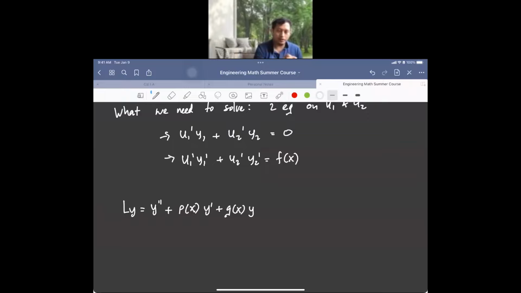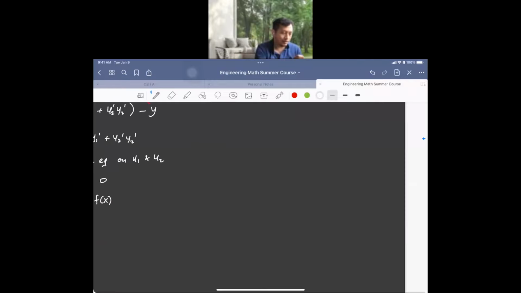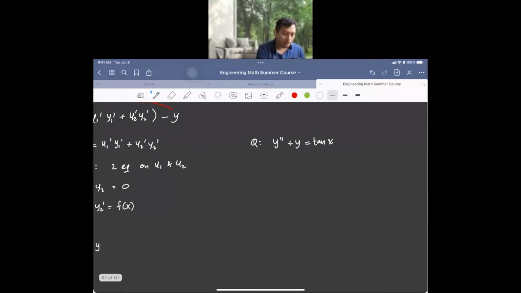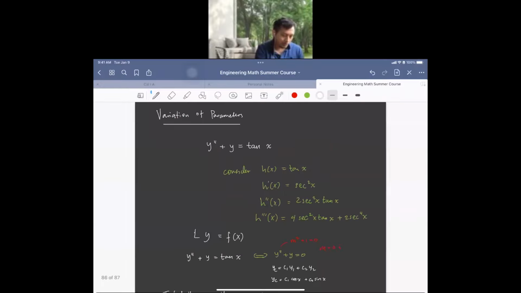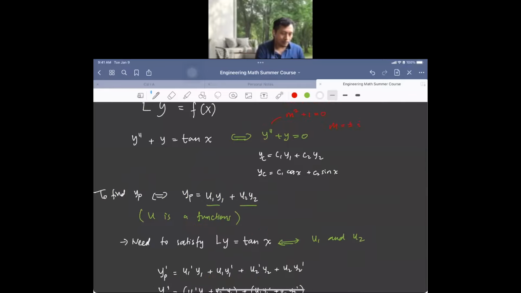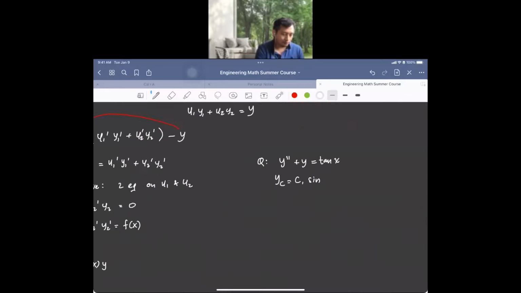Okay, now how do we use this formulation? Let me write our equation on the right side here. That is y double prime plus y equals tangent x, right? So first, from the homogeneous one, we know that this is C1 cosine x plus C2 sine x.